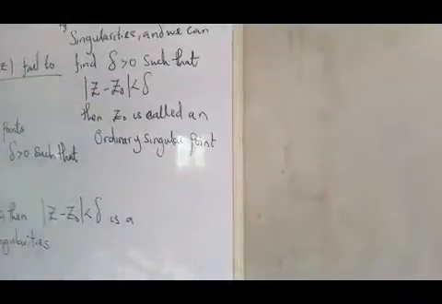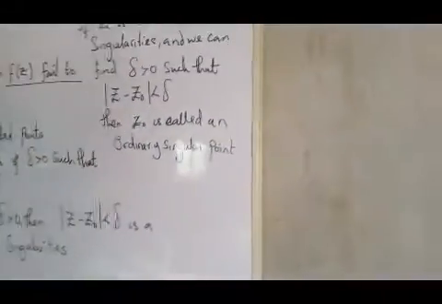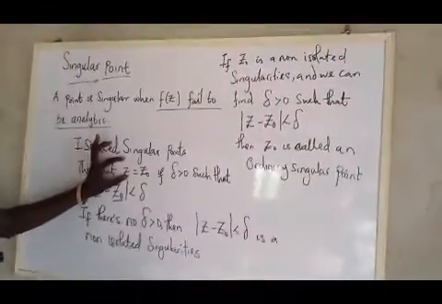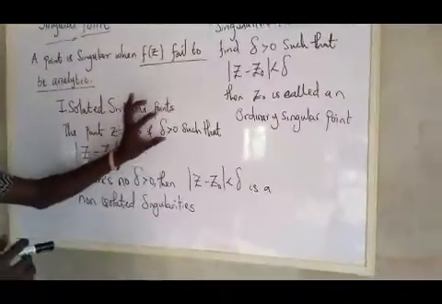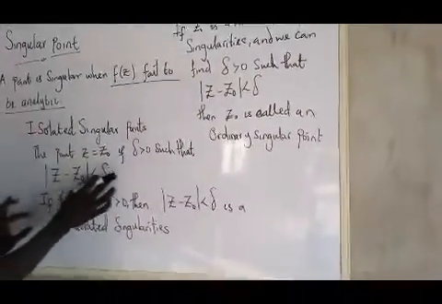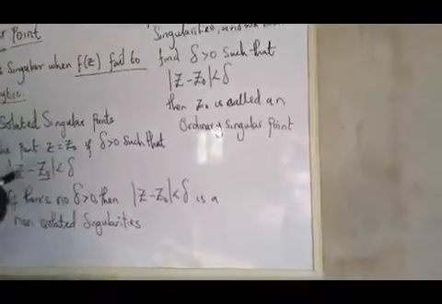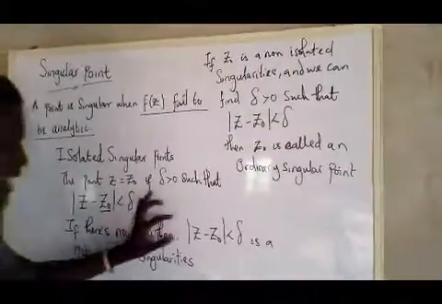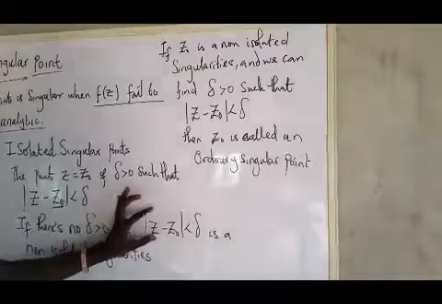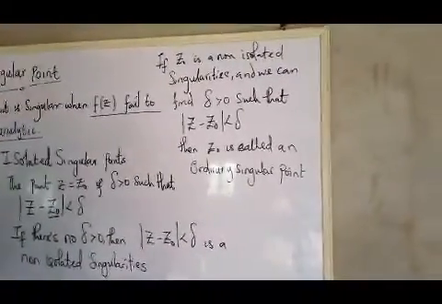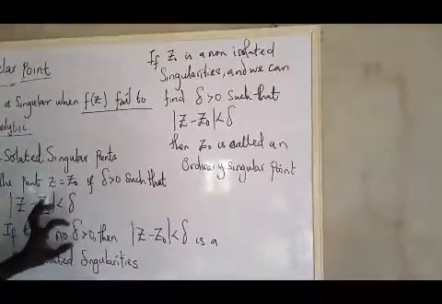So the three things you have to note here are: if for the point z equals z naught there is delta greater than 0 such that the absolute value of z minus z naught is less than delta, then the point is said to be an isolated singular point. But if there is no delta greater than 0, then it is a non-isolated singularity.